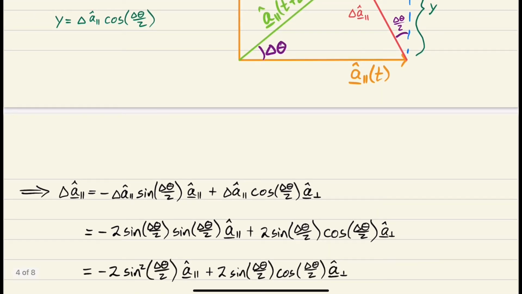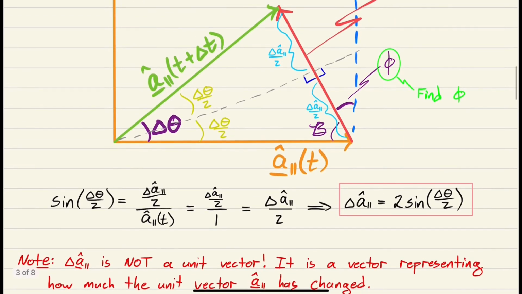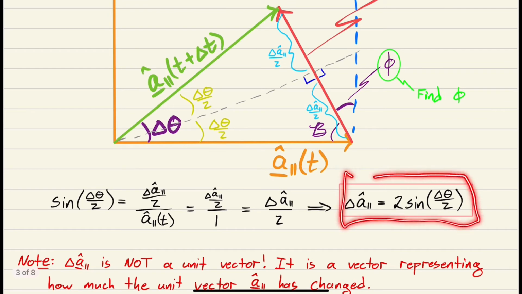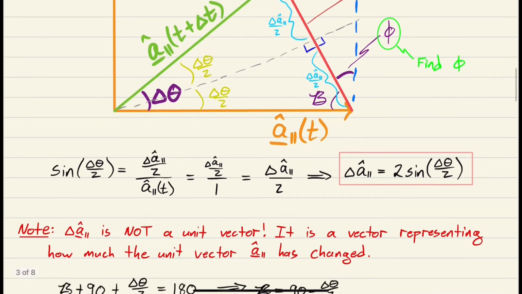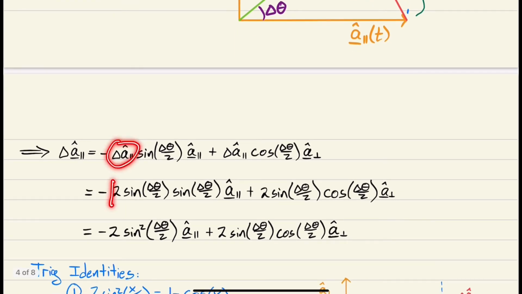Then, well, we know this. We know what the magnitude of that change is because we found it up here. Remember when I went off on my little tangent? It's this. It's equal to 2 delta theta over 2. So when we go and plug that in, we're plugging in for this, which is equal to this, and then we just carry the rest of it through. Same thing here.